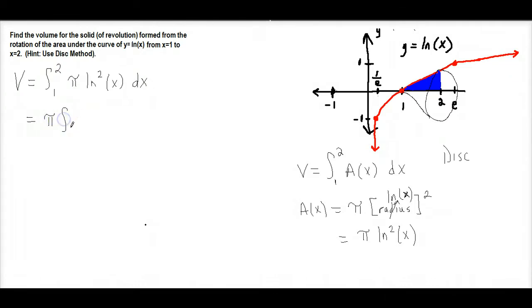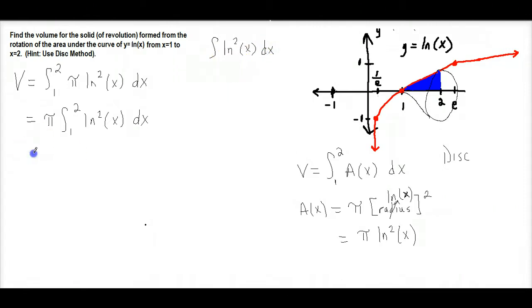We pull out our constant, and now you see we have the pi times the integral of natural log squared dx from 1 to 2. Now, if you've watched my previous video called Integration by Parts, Example 2, you'll see that we actually did handle the problem of figuring out what is the integral of natural log squared dx.